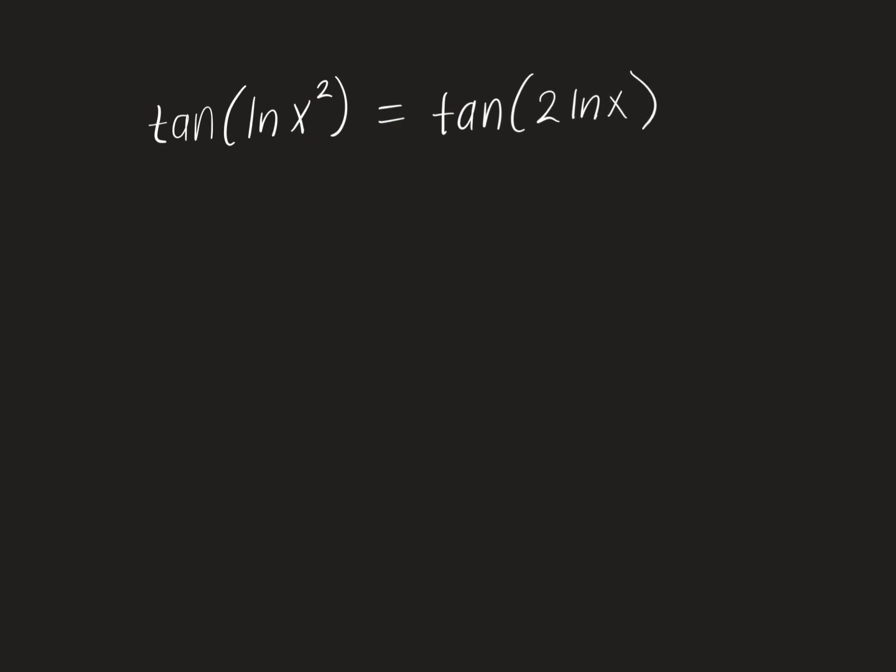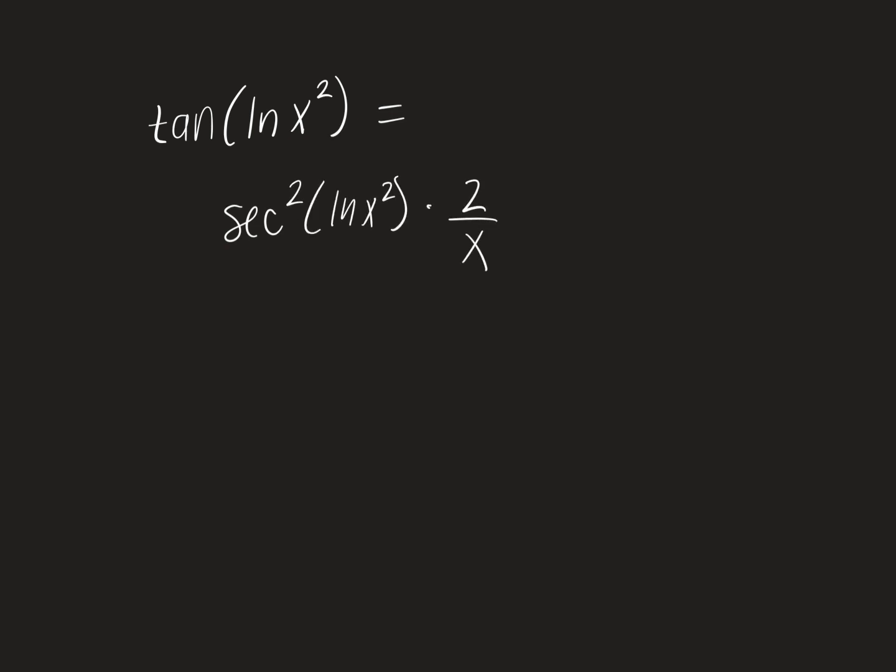Just remember that ln x squared is the same as 2 ln x. So it would be 2 over x. So secant squared of ln x squared times 2 over x. That's the derivative of the ln x squared.